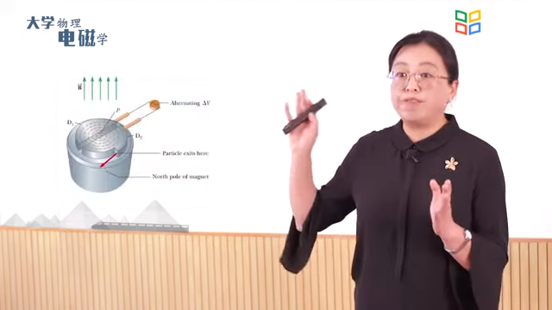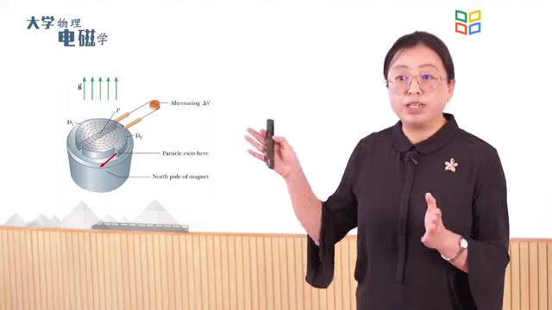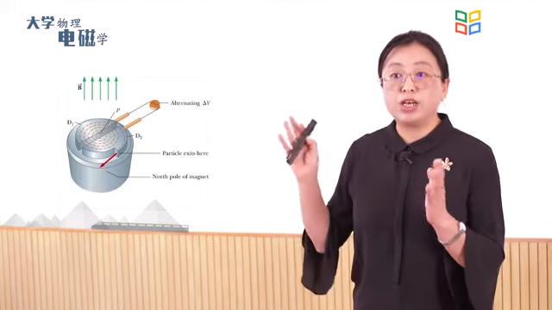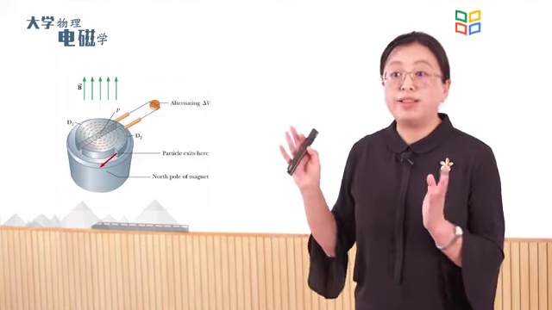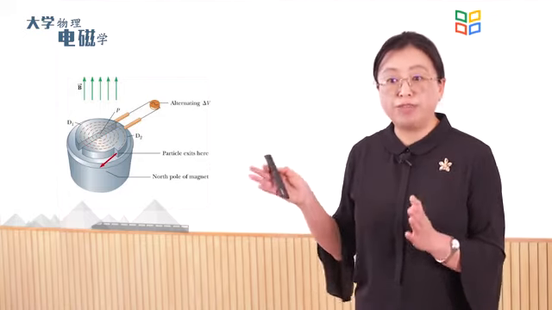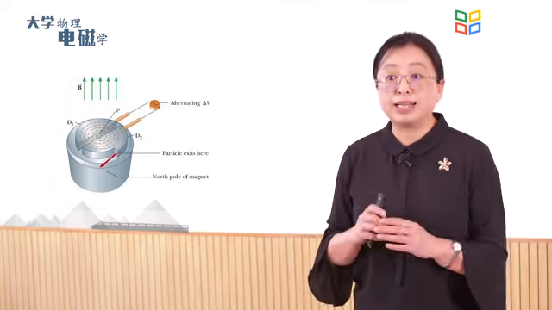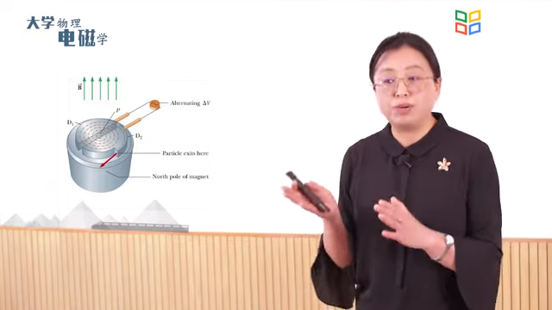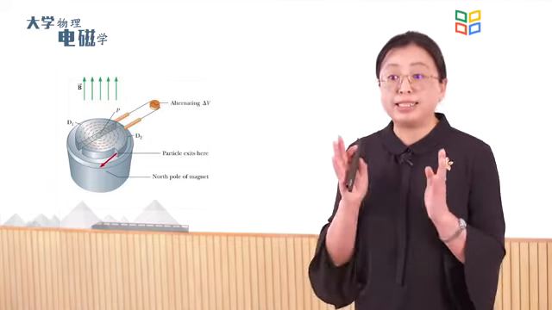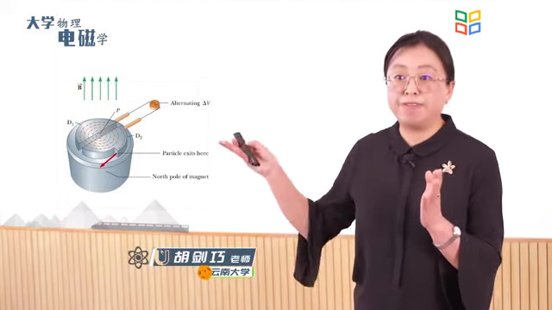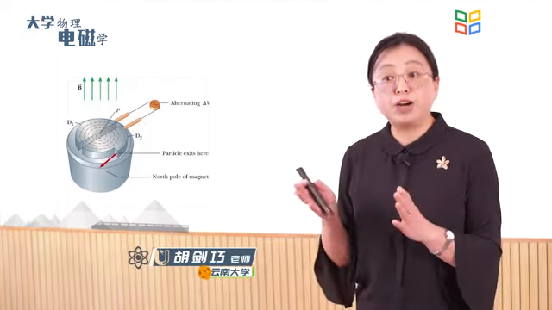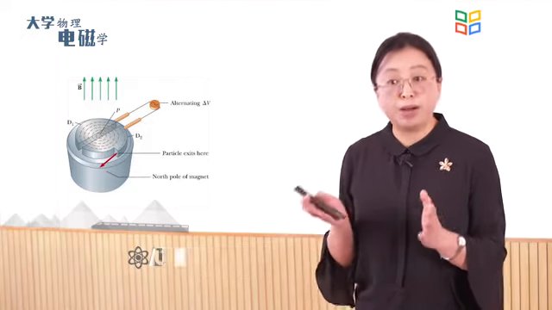For example, if the applied potential difference is adjusted such that D1 is at a lower electric potential than D2 by an amount delta V, the particle accelerates across the gap to D1 and its kinetic energy increases by an amount of Q delta V. It then moves around D1 in a semicircular path.